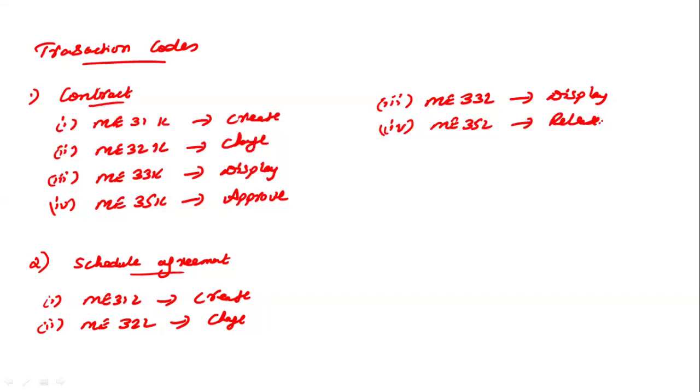Okay. And in schedule agreement, you also have one more transaction, which is ME38, to maintain schedule lines. Because here you have an additional step where you need to define the quantities.